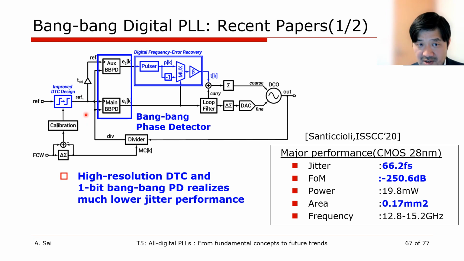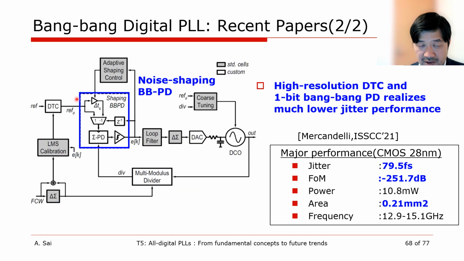DTC resolution is improved by the method explained earlier. In this paper, jitter FOM below minus 250 dB is realized by applying noise shaping to the phase noise of the bang-bang phase detector.